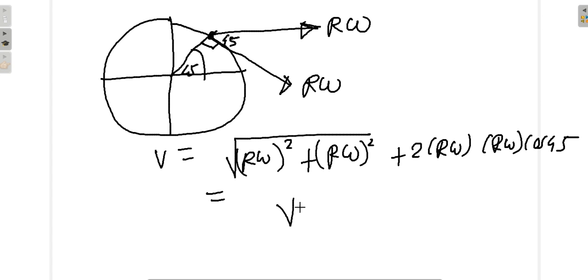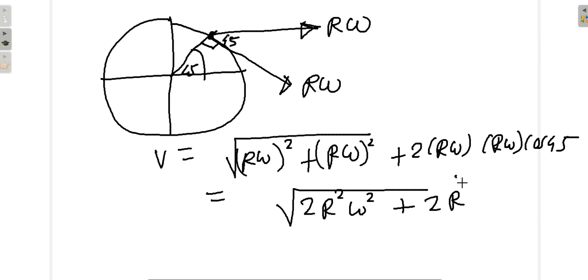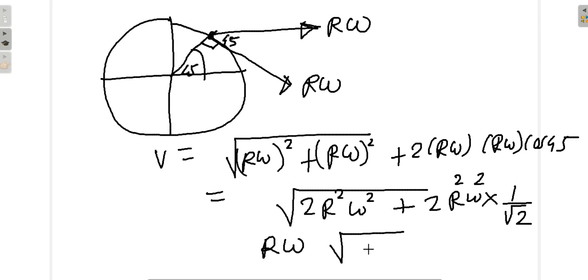So that will be 2 times r square omega square plus 2 times r square omega square into cos 45, which is 1 by root 2. So it is r omega root of 2 plus root 2.